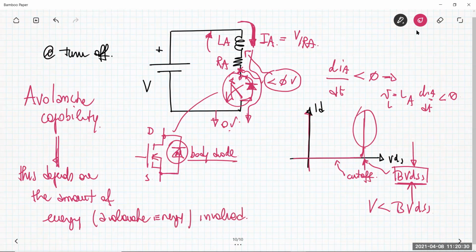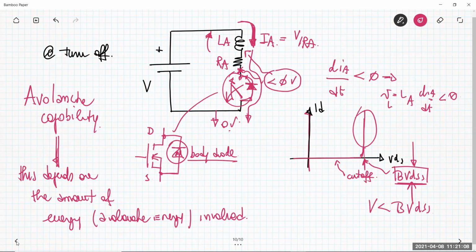Okay, so summarizing what we said up to now. If you want to turn on your phase by these L over R circuits, there is no measure you can apply in order to make a faster transition, because it depends on the voltage V. If you increase the voltage V, you can have higher on current, possibly destroying your phase. At the turn off, the situation could be even worse, because when you command your switch to be open, the current in the inductor, which wants to remain always the same, induces conduction in the body diodes up to the breakdown voltage of the MOSFET.